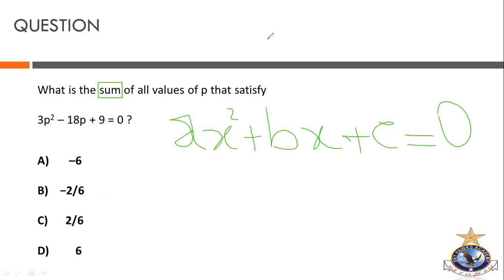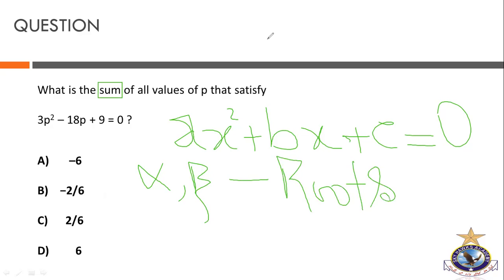Only two values for x, that is alpha and beta, only the two possible values, because a quadratic equation has only two roots. So these are the roots. Roots are those values which satisfy the given equation.